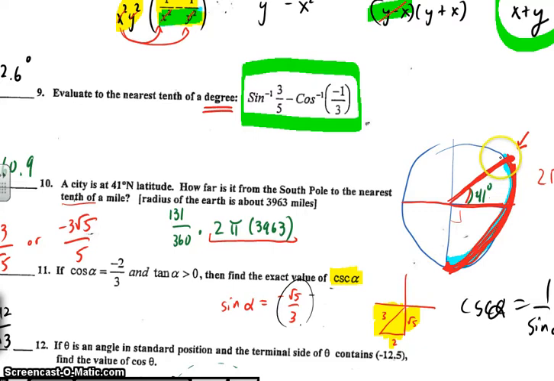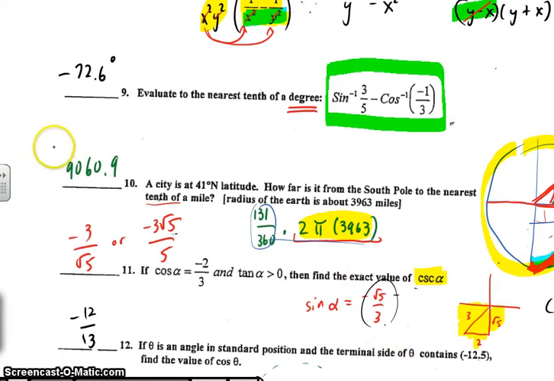So if you want to think of the circumference of the Earth, it is 2 pi times 3,963. This arc length is just a fraction of that circumference. And what fraction is it? Well, it's 131 degrees total, because this is 41 and this is 90. And so that fraction is 131 out of 360. We multiply that by the circumference, and we get the answer.